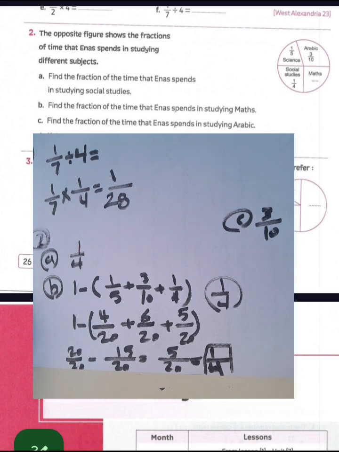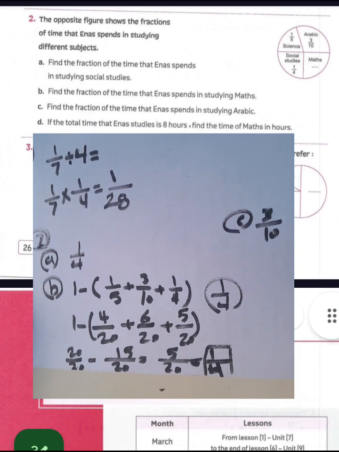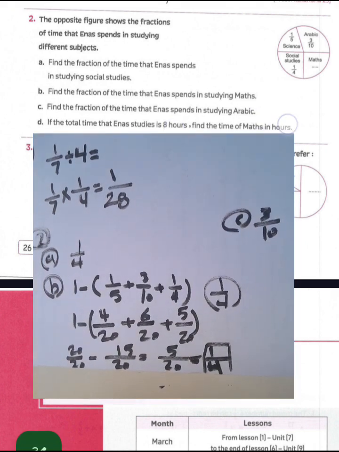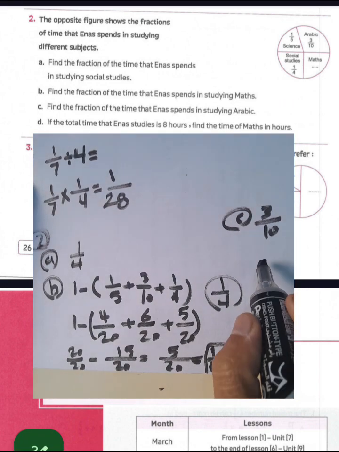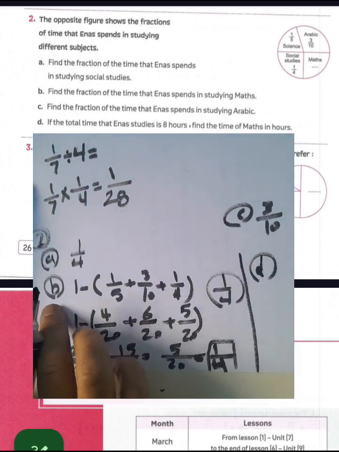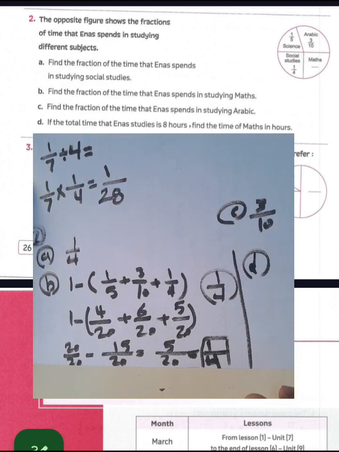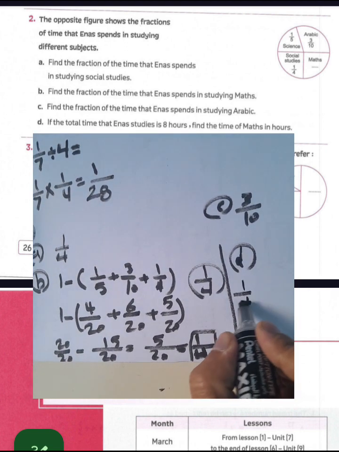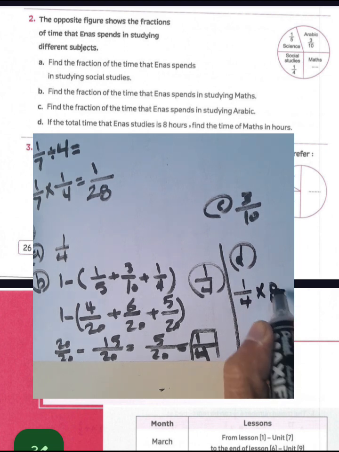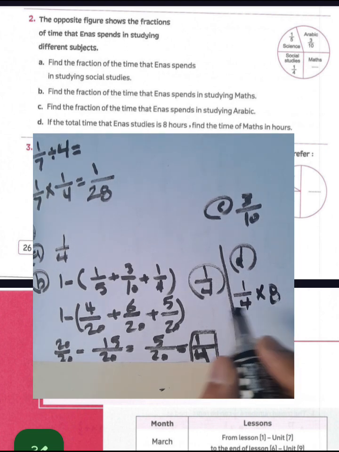Letter D, if the total time that Ines is studying is 8 hours, find the time of math in hours. Okay, letter D, we know she studied math a fourth of all the time. A fourth of 8 hours, because she studied 8 hours in total.